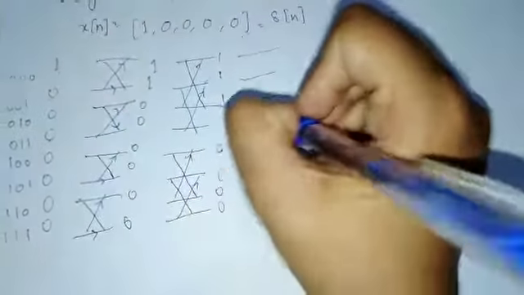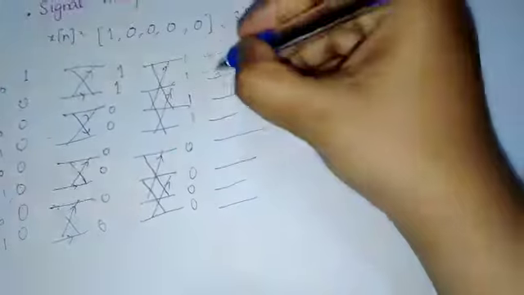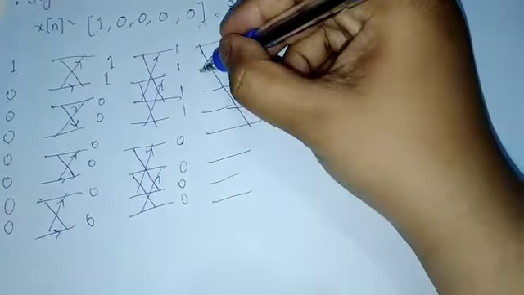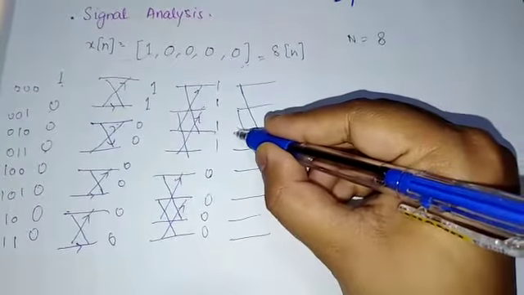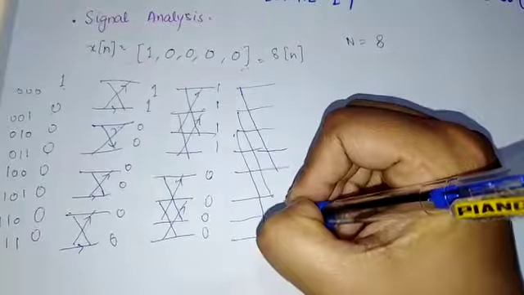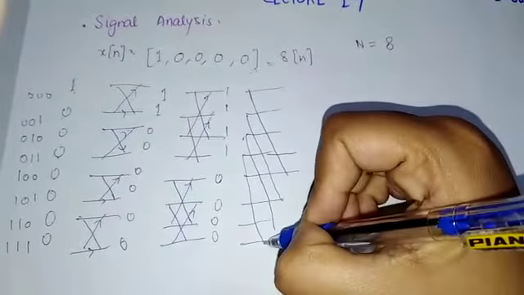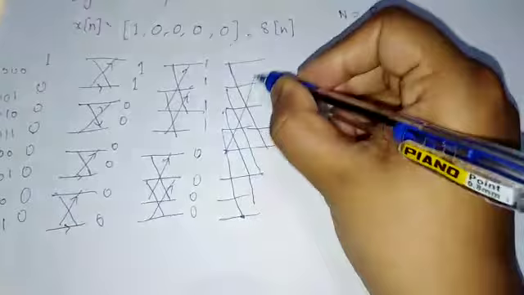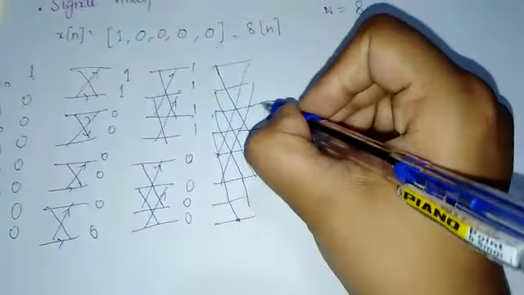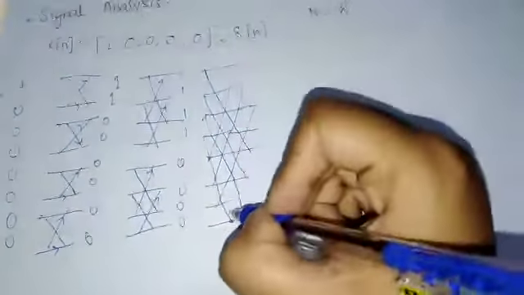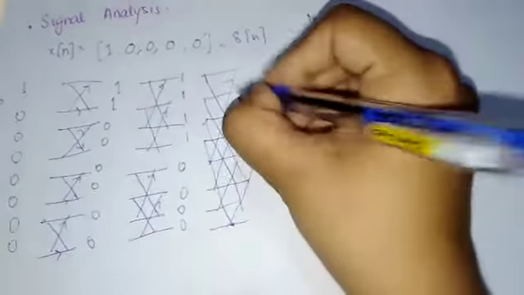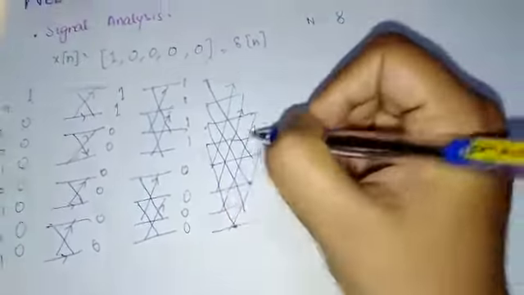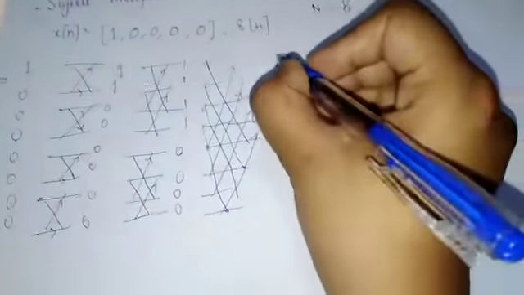Then we have the 8-point DFT, and it gives the values 1, 1, 1, 1, 1, 1, 1, 1.